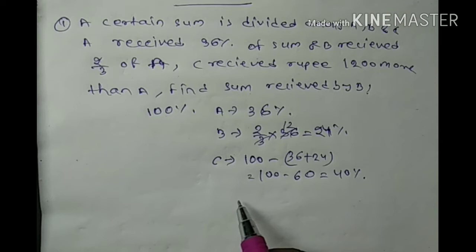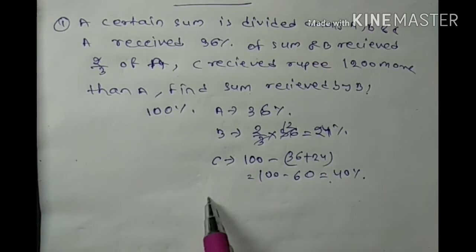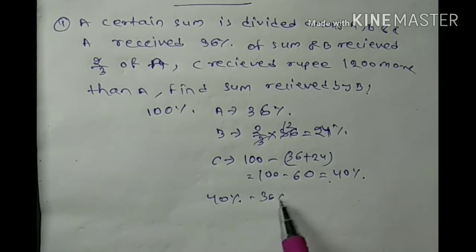In the question, the information given is that C received rupees 1200 more than A. So we have to find the difference. Now how much percent is C greater than A? 40% minus 36%.